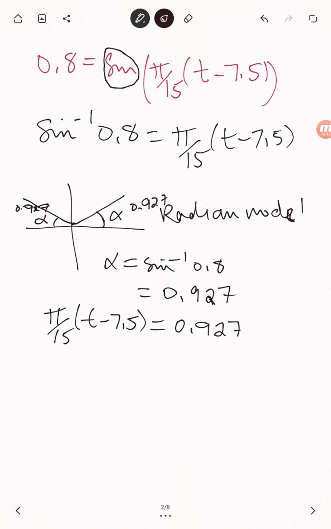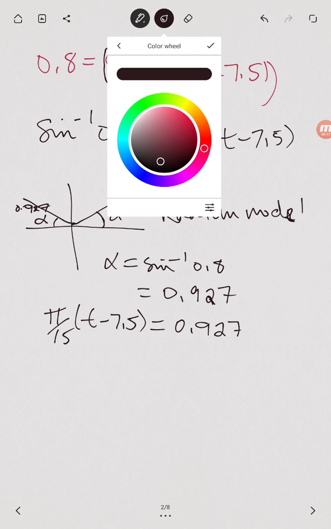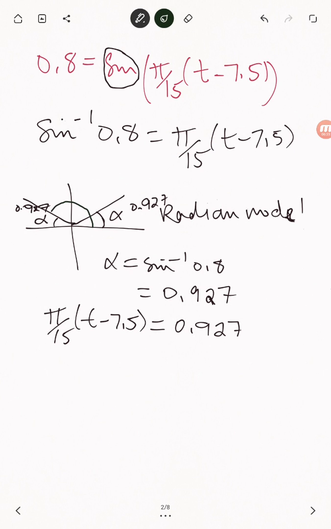The other possible answer would be the standard angle that goes with the related acute angle of 0.927 in the second quadrant, which would be pi minus 0.927, which comes out to approximately 2.215.